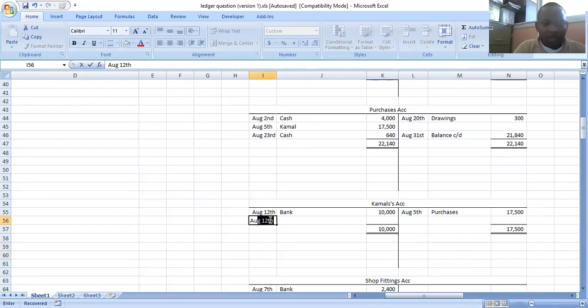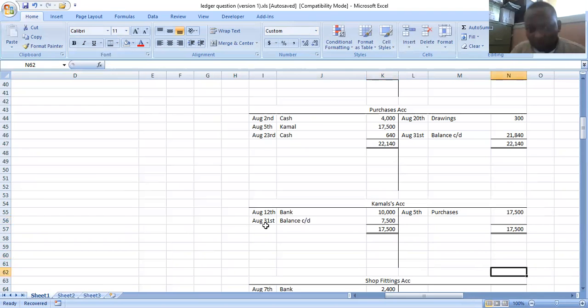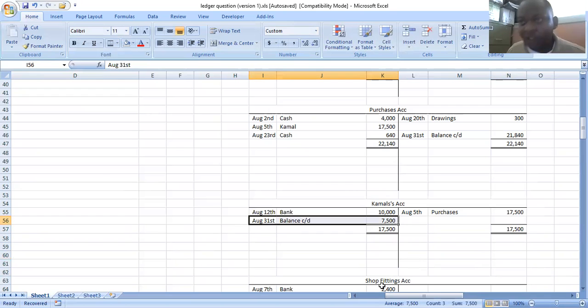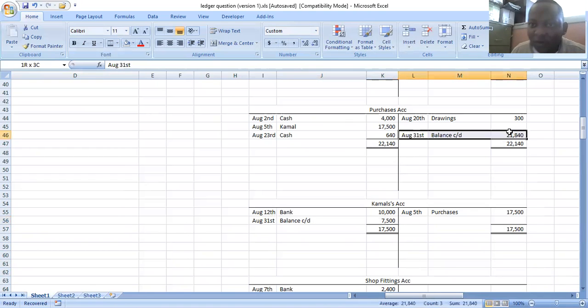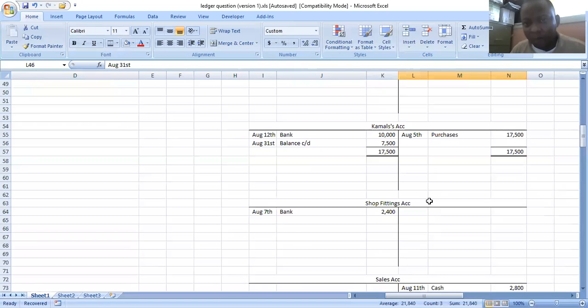So on August 31st, we have the balance carried down, which is equal to 17,500 minus 10,000, which equates the two totals. So therefore, the balance of Kamal's account is 7,500, which is a credit balance. So please note this. This is a credit balance for Kamal's account, whereas purchases account is a debit balance. That is important for you to note.